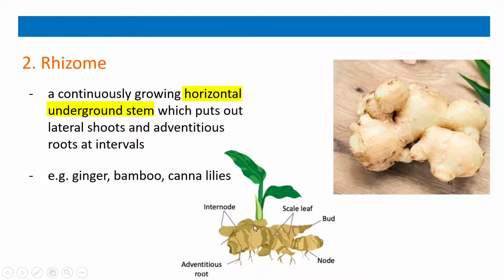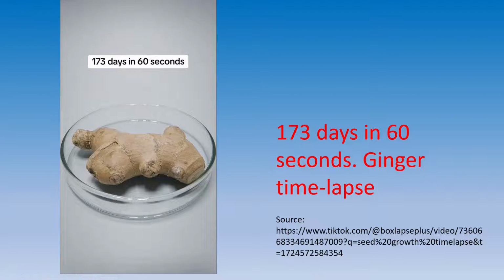You can see here that at intervals it will produce the shoot, and also at intervals it will be producing the root as well. Now here's a video that will show us in a time lapse how ginger, a rhizome, would be producing another plant asexually.